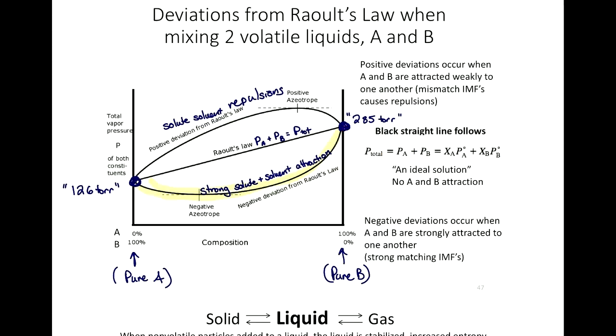But once we start mixing them, based upon the ratio of the mole fraction, we'll fall at a vapor pressure somewhere between these 2 points. And so if we measure an actual vapor pressure somewhere lower, closer to 126, then we can be confident that more A is present in that liquid phase. And so this straight line describes exactly Raoult's law, following this equation and mole fraction.